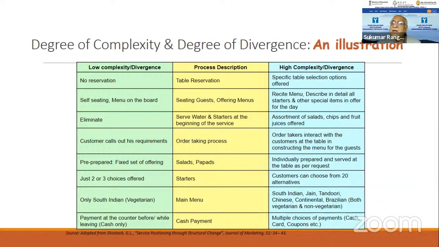The person taking the order tells you what is available, apart from showing you the menu, recommends what you can have, today's specialty, and many alternatives to choose from. These are the different types, from low complexity to high complexity. There are different types of process design you can have.